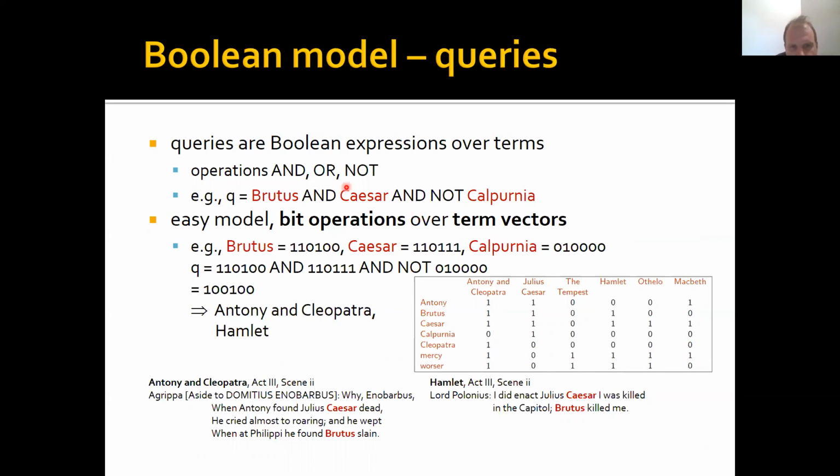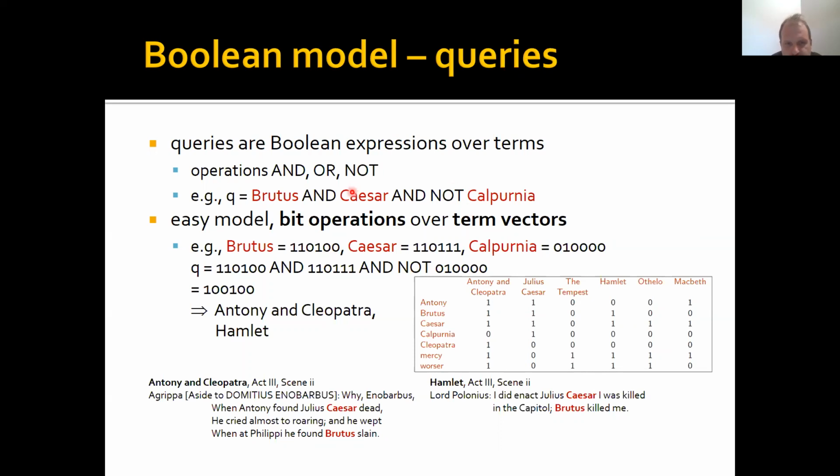So once Brutus, Caesar, and Calpurnia are evaluated, because every query is matched to every document, and it could be evaluated on every document, once the 3 terms are evaluated on a certain document, we get the logical values, and we can evaluate the whole expression, right?